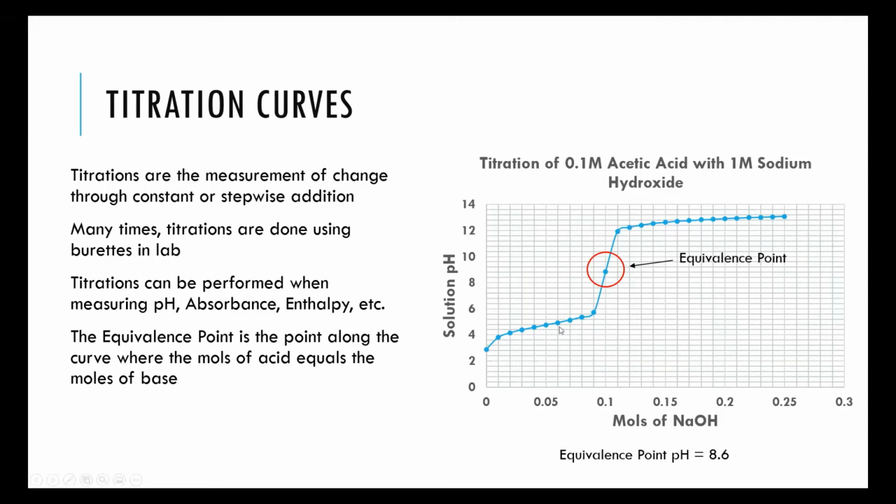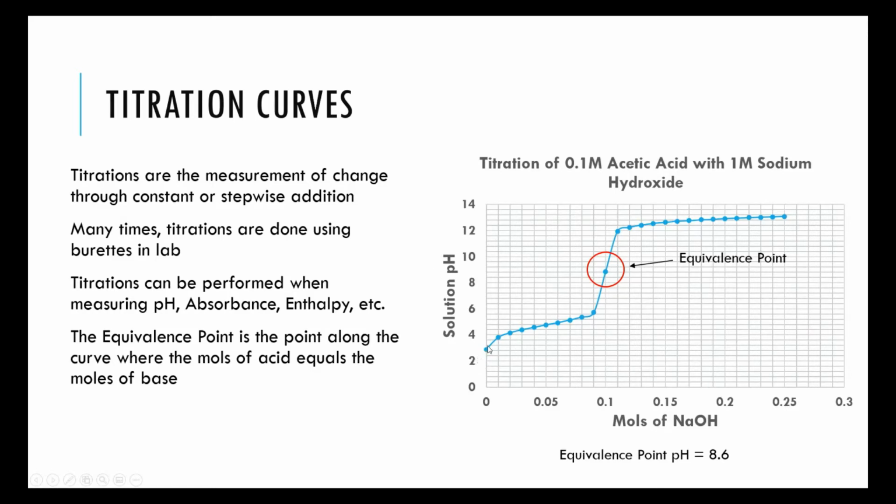A titration curve is where you're continuously adding the amount of material to the reaction and measuring the pH. You can build a titration curve with other measurements, but in an acid-base titration, the y-axis, or that change in property, is the pH of the solution.